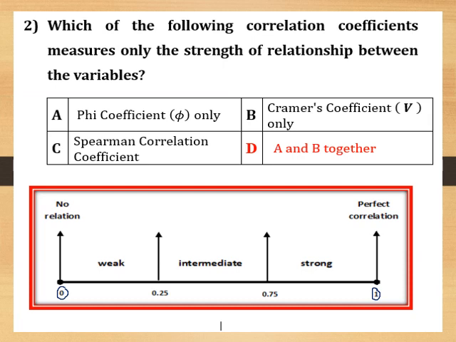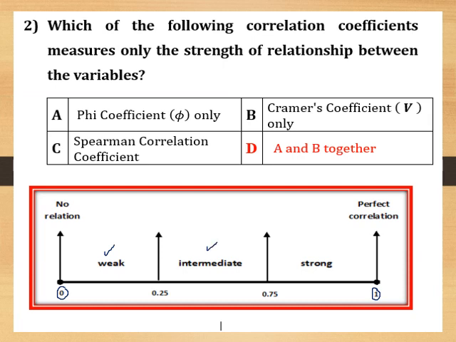While the value of the correlation coefficient determines the strength of the relationship between two variables. If it is between 0 and 0.25, then the relation is weak. If it is between 0.25 and 0.75, then the relation is intermediate.